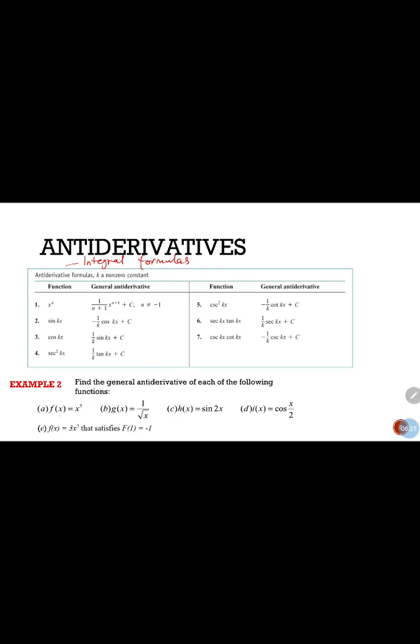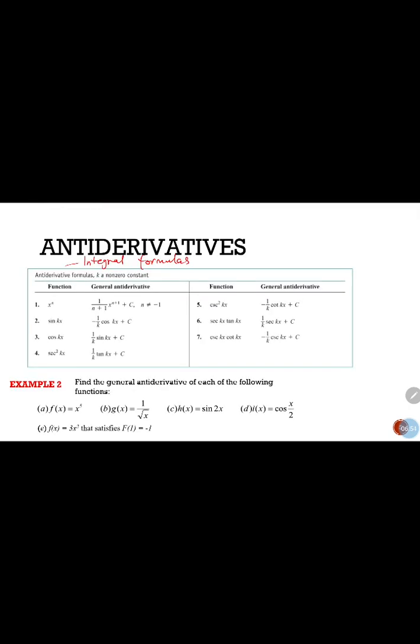So now we want to solve example 2 together. We'll start with a. What is a? f(x) is x to the power of 5, and we want to find the antiderivative, capital F(x), the integral of x to the power of 5 dx. If you don't remember, let's look at the table once again.